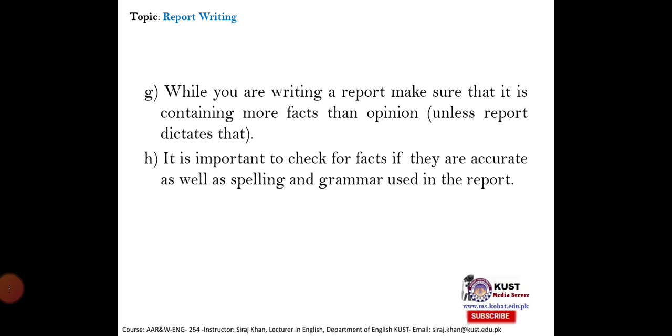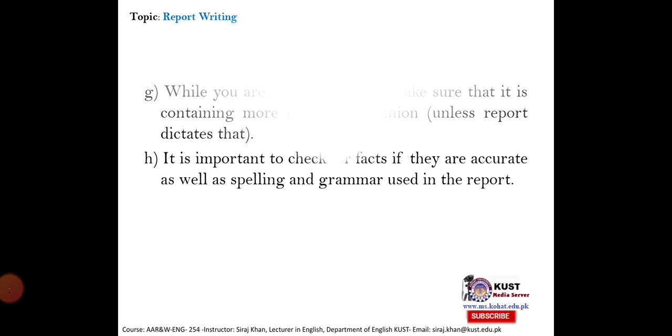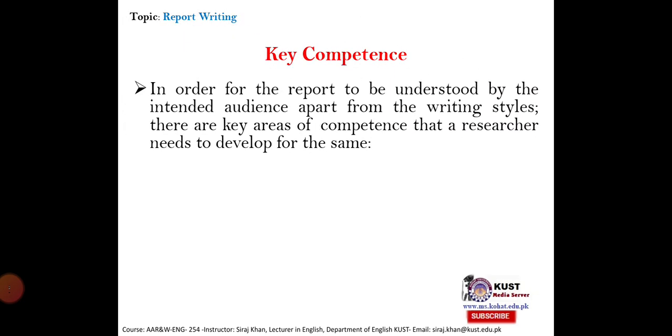Your spelling and grammar mistakes must not be overloaded, and try to minimize them. Key competence of a report: in order for the report to be understood by the intended audience, apart from the writing styles, there are key areas of competence that a researcher needs to develop.